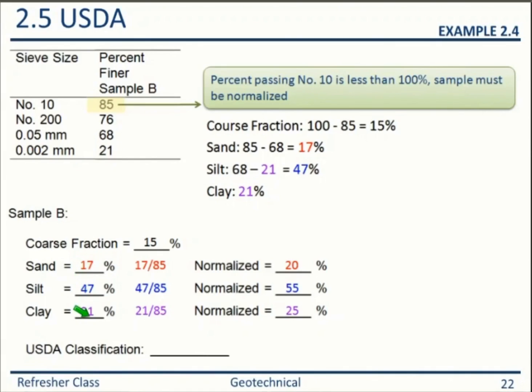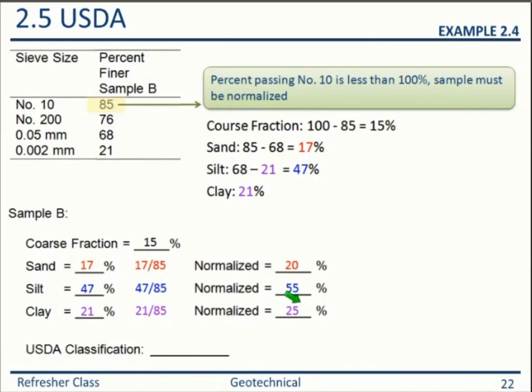So the fractions are divided by the aggregate value, 85 in this case: 47 divided by 85, 21 divided by 85. Convert this into percentage, then you will get these fractions, and when you add them together, it's 100. Okay, now you can plot these values.